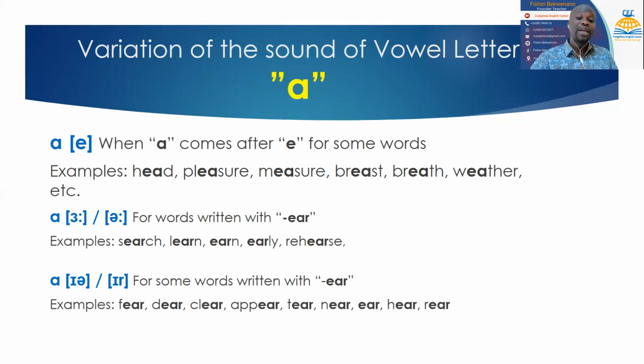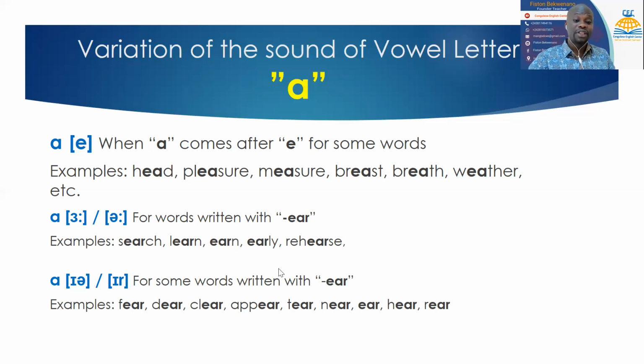Other examples are fear, deer, clear, appear, tear. Somewhere there is the verb tear, when you divide something like that. But here is a tear, the liquid that comes from your eyes. Then we have near, ear, and here. The last example is rear.